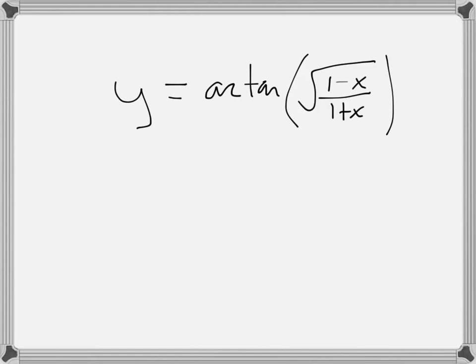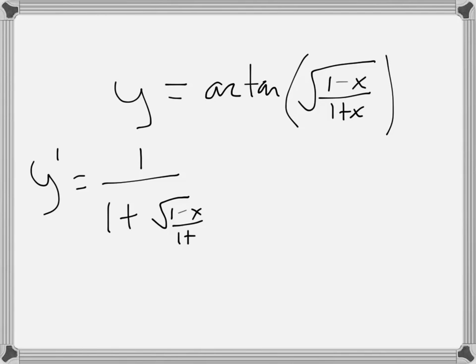So, arctangent, you should take 1 over 1 plus whatever was inside to the power of 2. And then now I need to multiply by the derivative of what was inside. But just to be a bit more clear, the square root should go all the way down here.